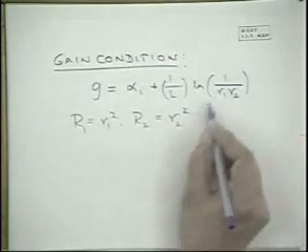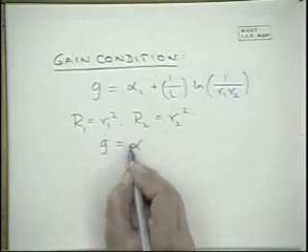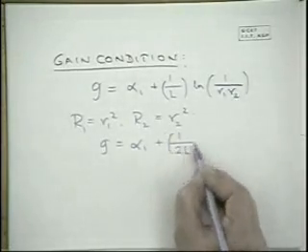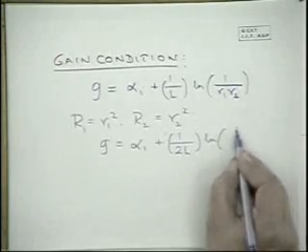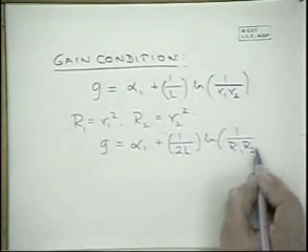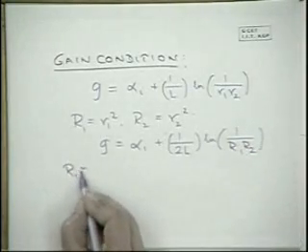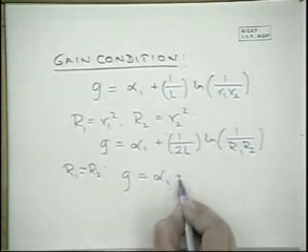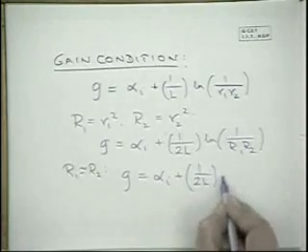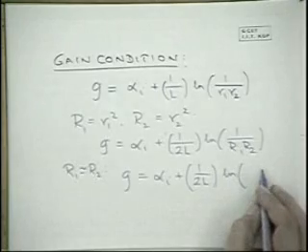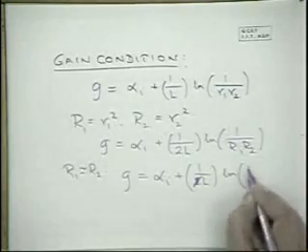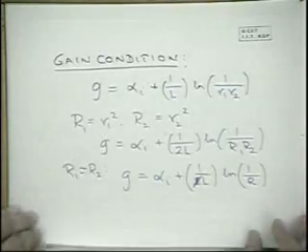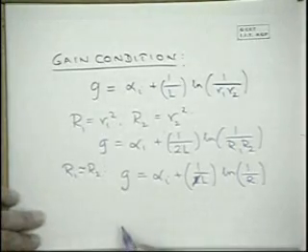Okay, so if you substitute that, then you get G is equal to alpha I plus 1 by 2L log 1 by R, these are the power reflection coefficients, and if you have R1 almost equal to R2, then you have a simplified equation, G is equal to alpha I plus 1 by L log 1 by R. So this is a simple expression giving what the gain is.